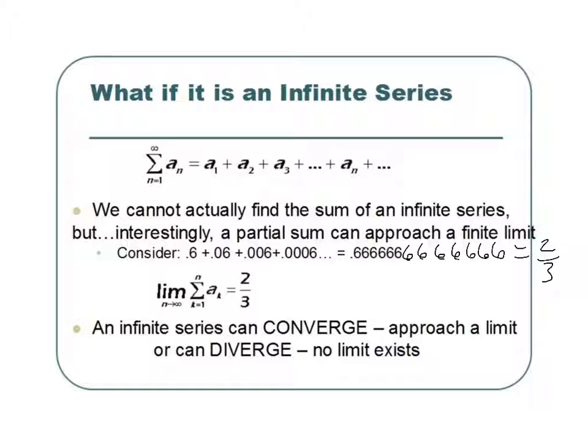So we have options here. If you have an infinite series, it can converge, which means it will approach a limit. So this example converged, so it has a limit, or it has a sum. It doesn't always converge. If it doesn't approach a limit, then we say it diverges. And if that's the case, no limit exists.